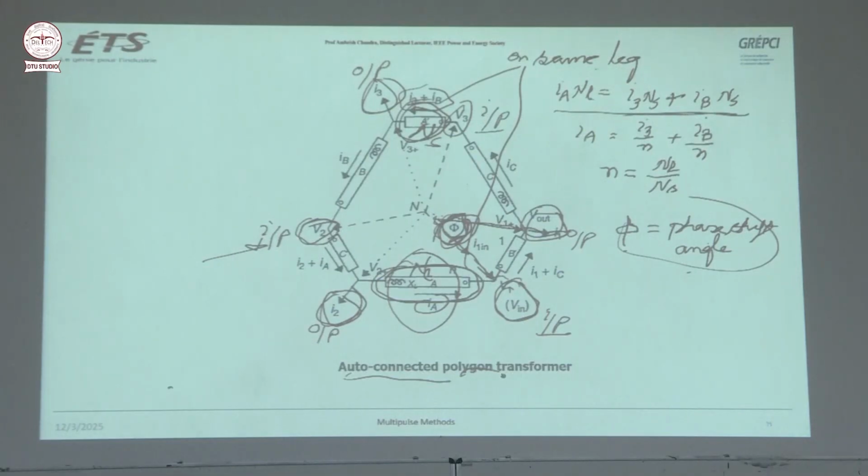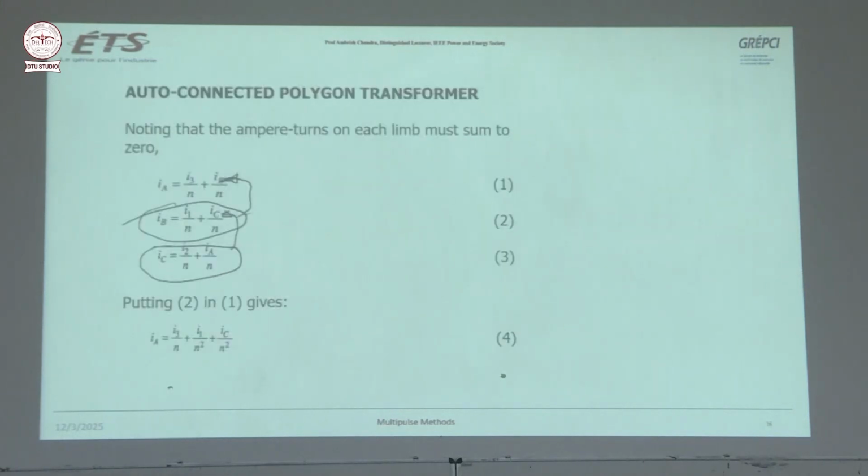So the total MMF you can write, because this is in this direction, this is in this direction, and then NL you can bring here, and N is equal to NL divided by NS. So you can write this equation for current IA, for this current. Okay. Same way you can write for IB and IC, same type of equation.